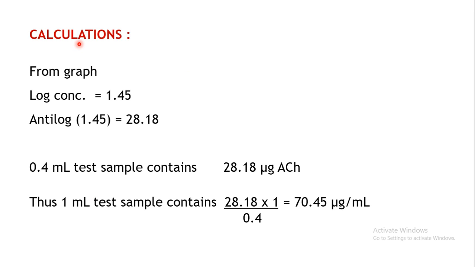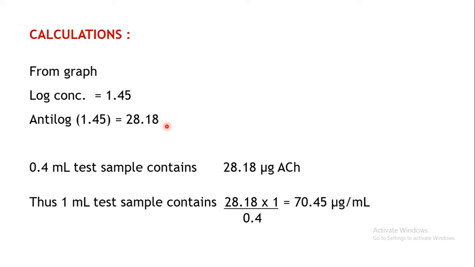The next part is the calculations. From the graph we have found the log concentration of your unknown solution, that is 1.45. The next step is to convert it into micrograms. Since it is a log concentration, we find the anti-log of 1.45, which is 28.18.